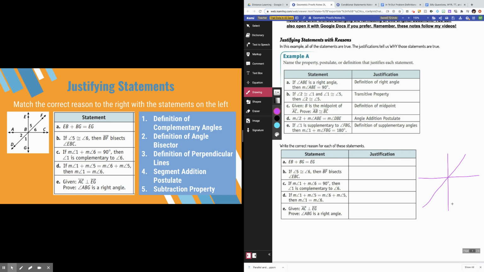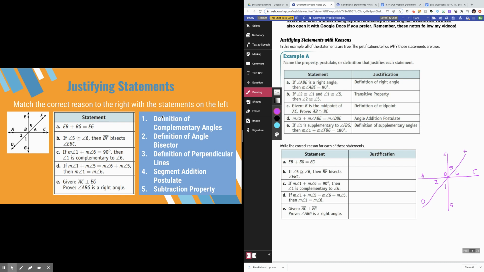So we've got G, this is angle 1, 2, this is point B right here in the middle, and then this is angle 5, angle 6, and then we have our points here: A, E, F, C, G, and D. So this is the picture that goes with all of these statements.